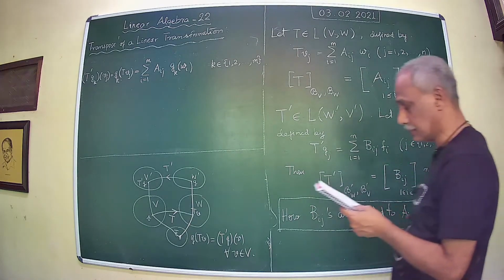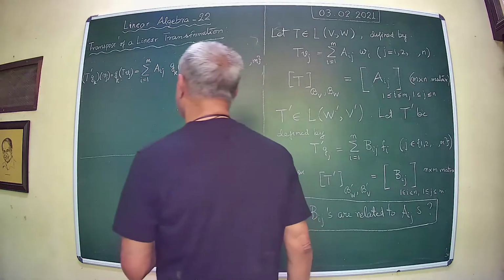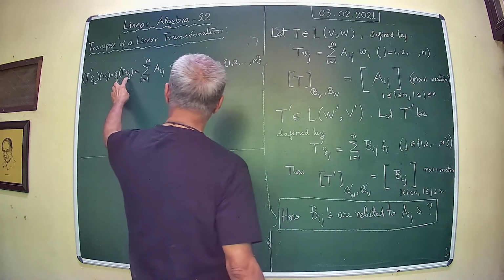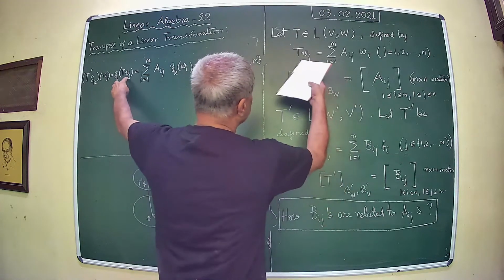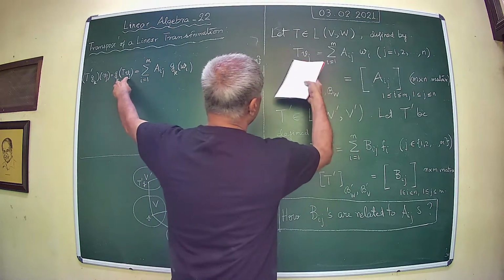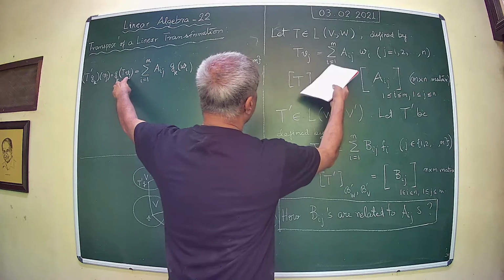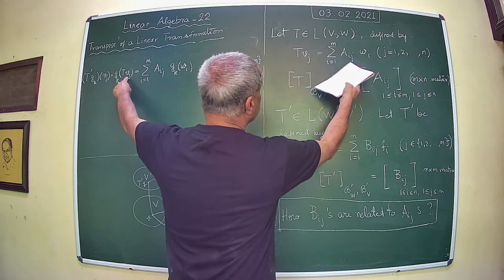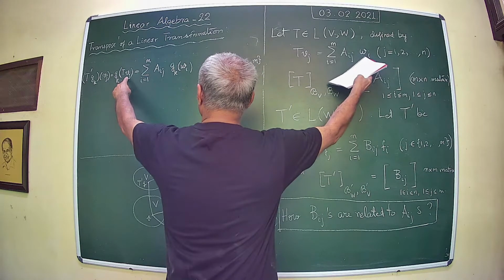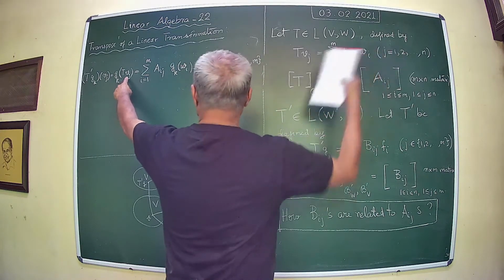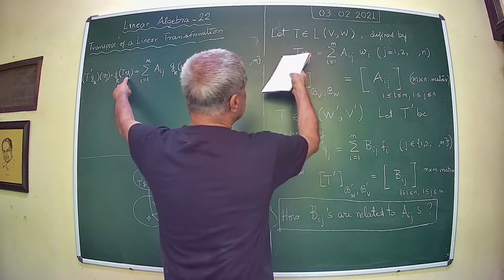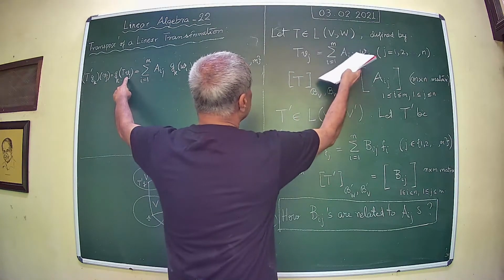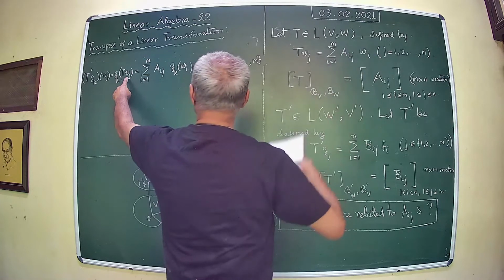And it just passes through one step, namely you are writing TVJ. TVJ is written as a linear combination of TVJ equal to sigma I equal to 1 to m Aij Wi. Then you are applying GK on that. When you apply GK on that, the GK will migrate because GK is linear.